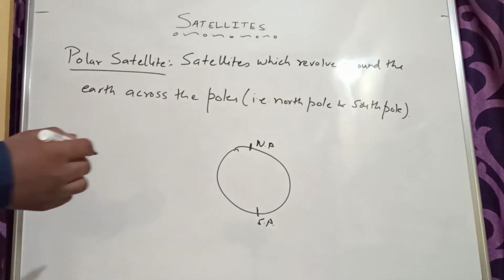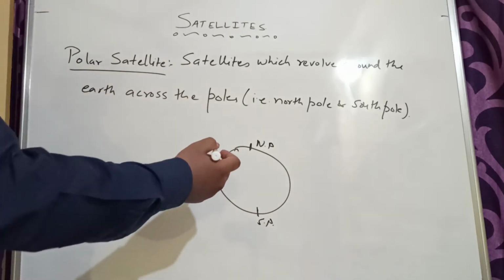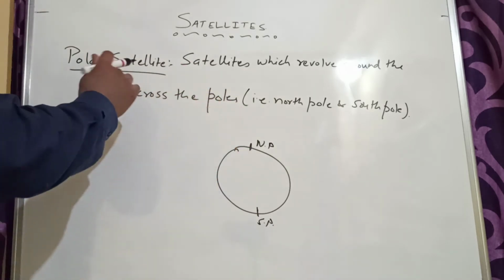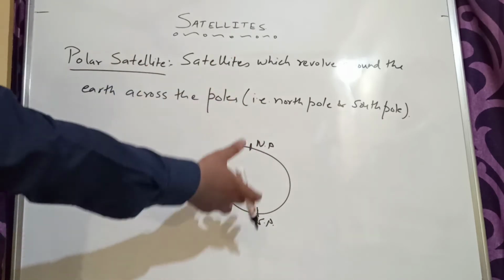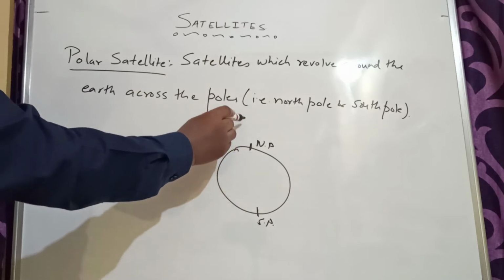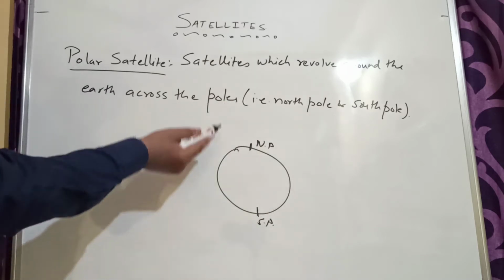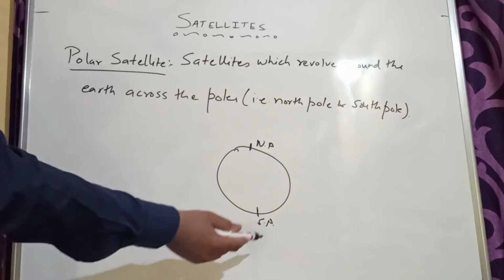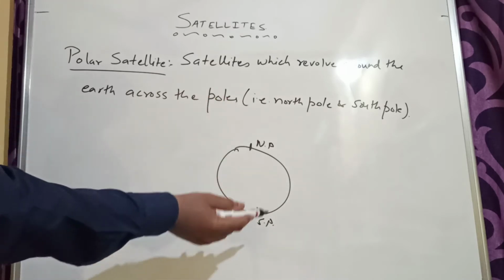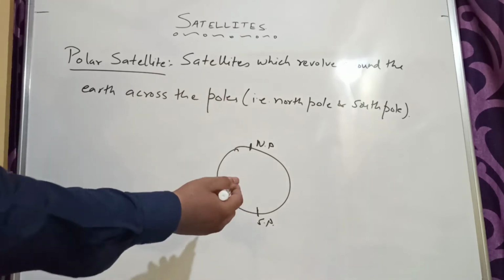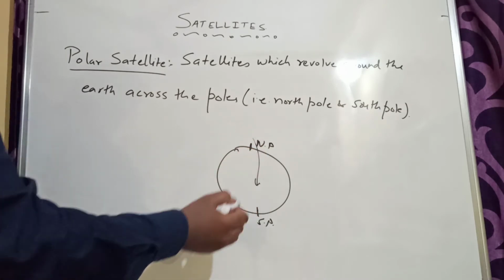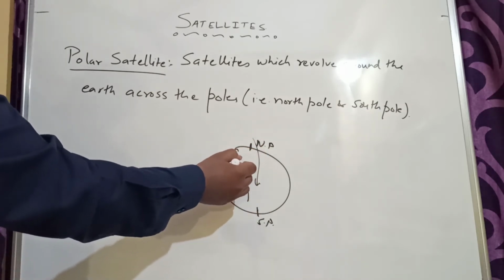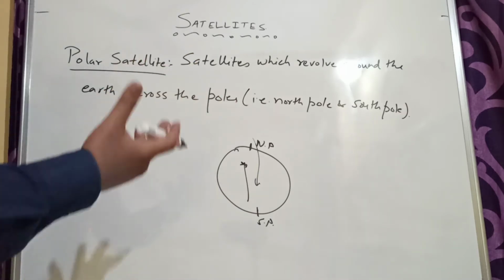So if we are launching the satellite, the purpose of this satellite is to revolve around the Earth across the poles. Means the satellite will revolve in this direction, from top to bottom, from north pole to south pole or south pole to north pole, depending upon the requirement. So this satellite travels in this direction or this direction, from top to bottom or bottom to top.